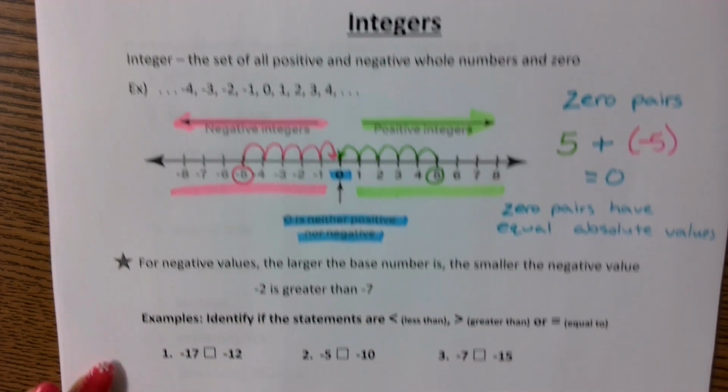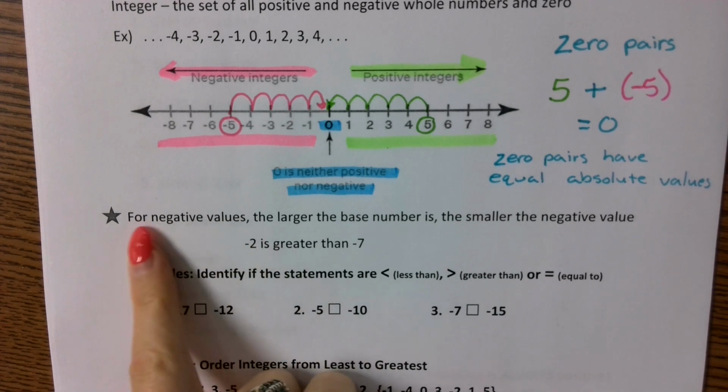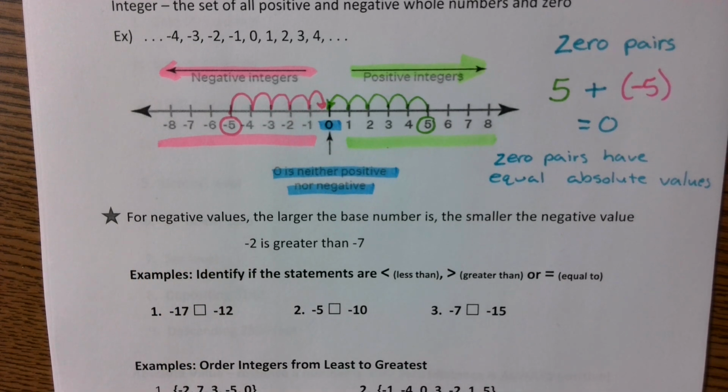Now also keep in mind that when we are talking about negative values, a lot of kids get mistaken on how they identify which negative value is larger than the other. So an easy way to remember it is negative values are the opposite of positive values. So the way that you rank negative values is the opposite to how you would rank a positive value. If it's a positive value, we know the bigger base is the bigger number.